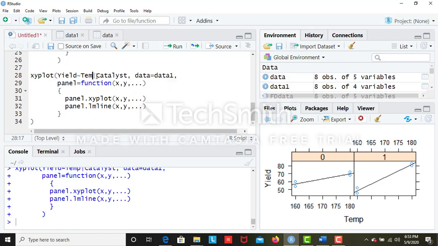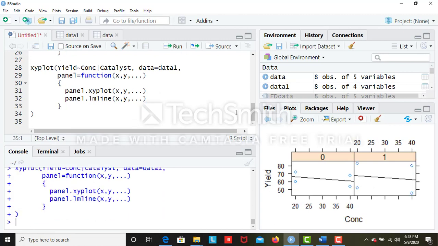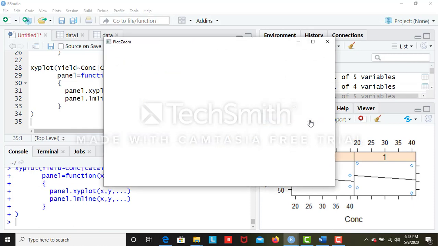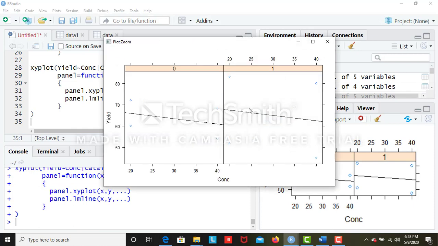I'm going to have concentration here, so I'm going to just run this code again, and now we look at this. There it goes. We see there's no interaction between concentration and catalyst to affect yield. So this actually looks better than the other interaction plots.